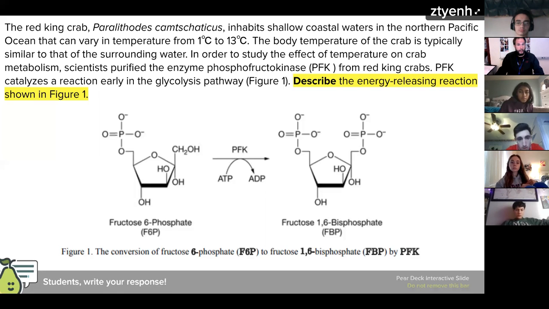Can you identify the anabolic reaction, the endergonic reaction, the one that's absorbing energy in this process? And if you can identify those reactions, can you describe how the energy releasing reaction is working?